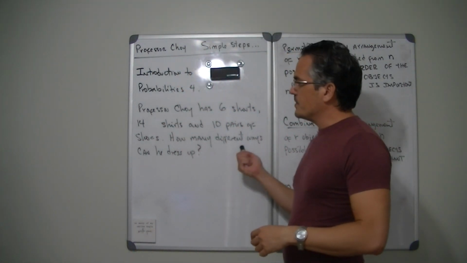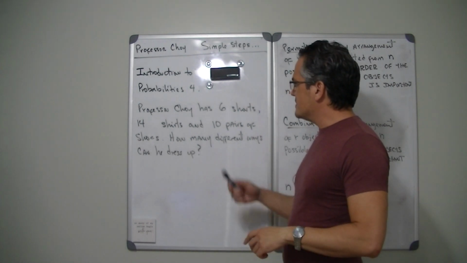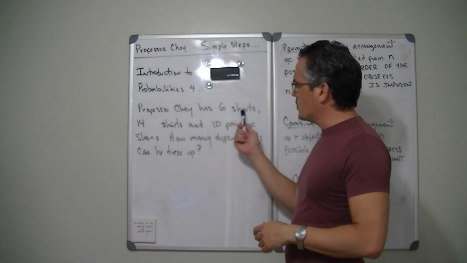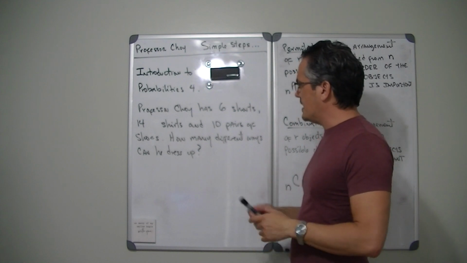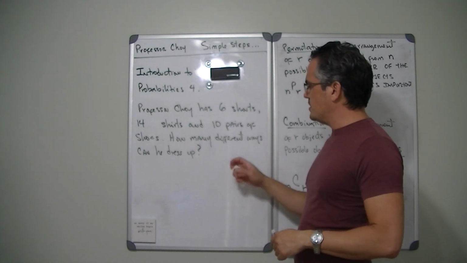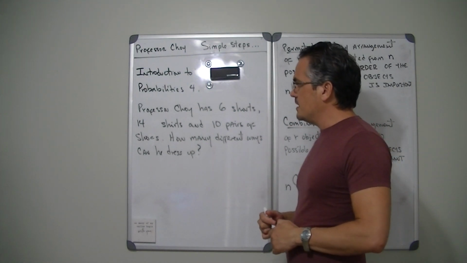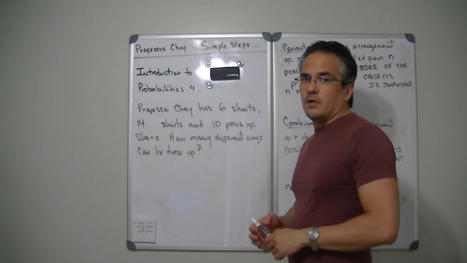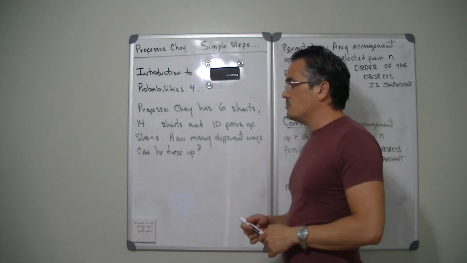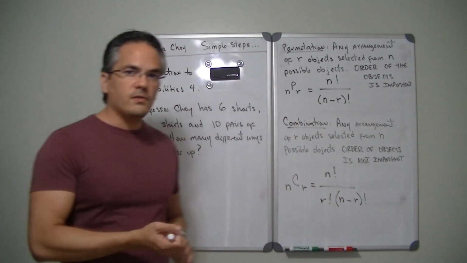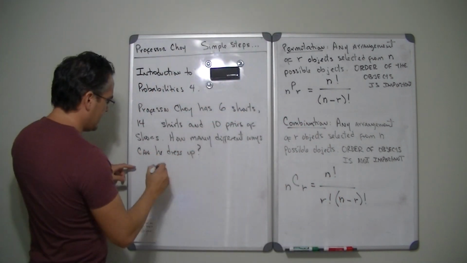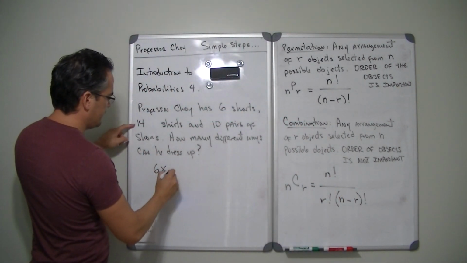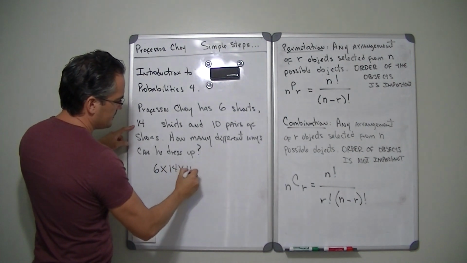Alright, a simple example. Professor Choi has 6 shorts, 14 shirts, and 10 pairs of shoes. And the question is, how many different ways can he dress up? Now, the answer is pretty simple. What you got to do is take 6 multiplied times 14 multiplied times 10.